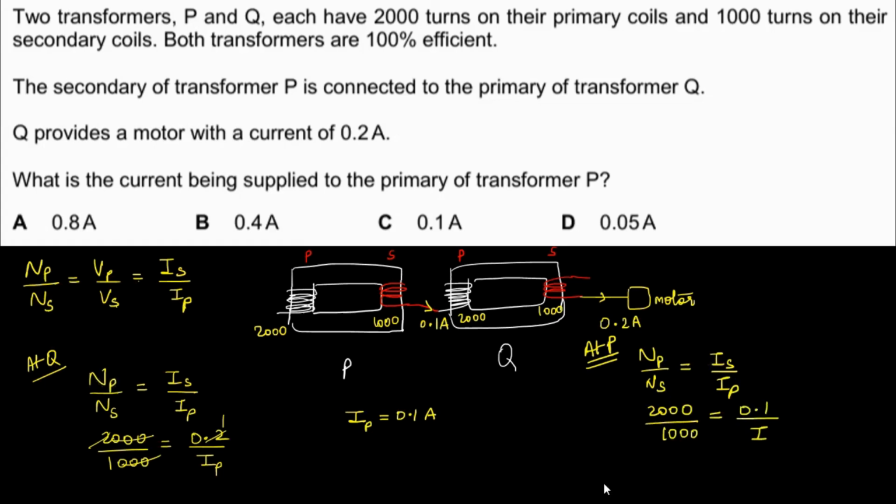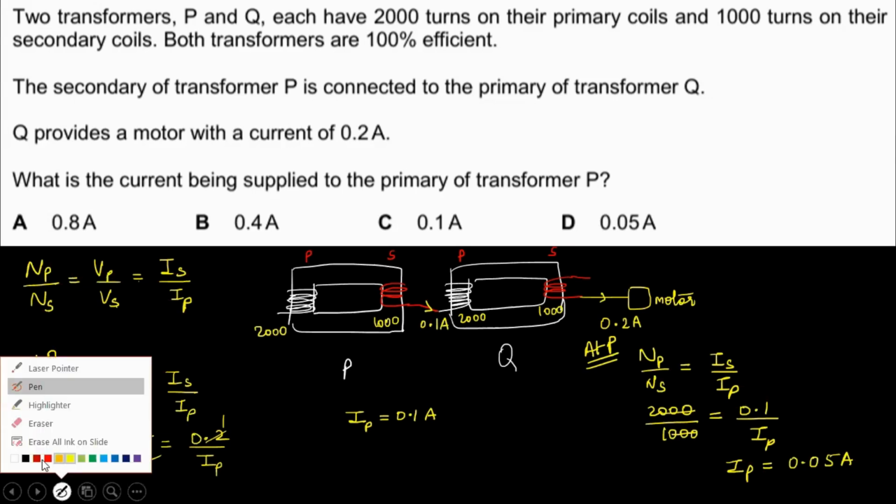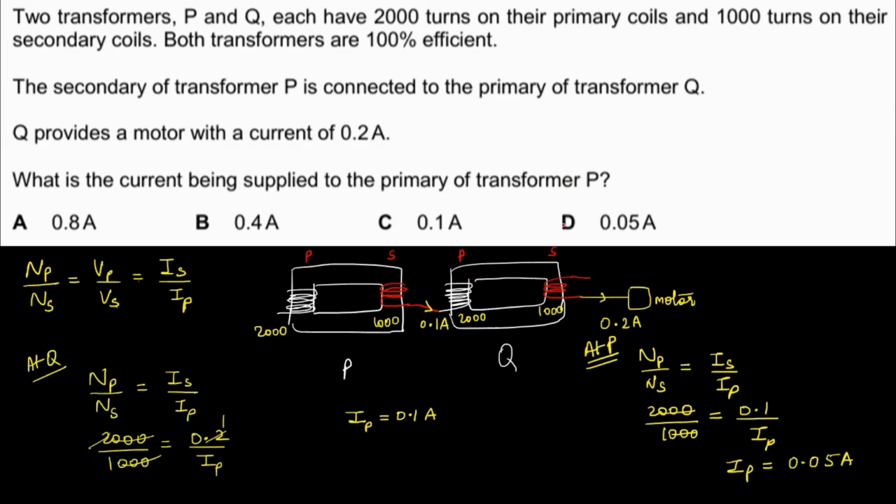This ratio is 2. So Ip is equal to 0.1 divided by 2, which is 0.05 ampere. So this is how you will find the value of current in the primary coil of transformer P. So option D is correct.